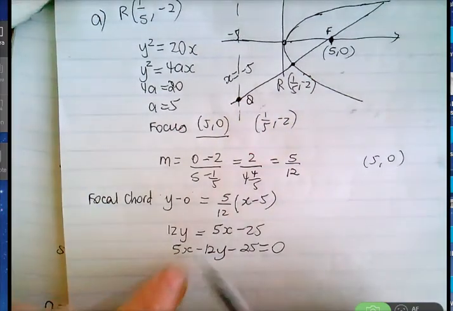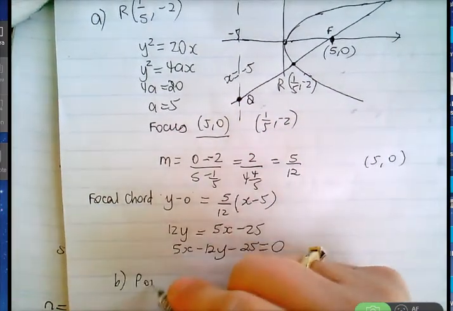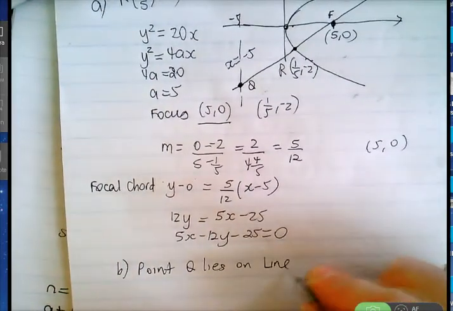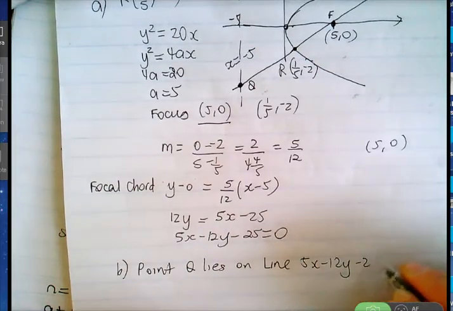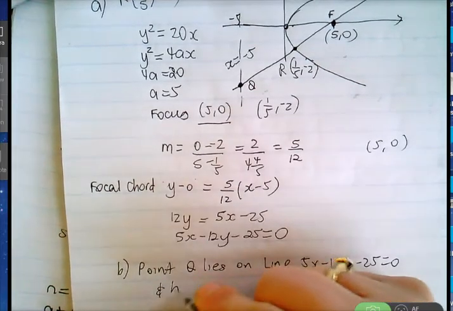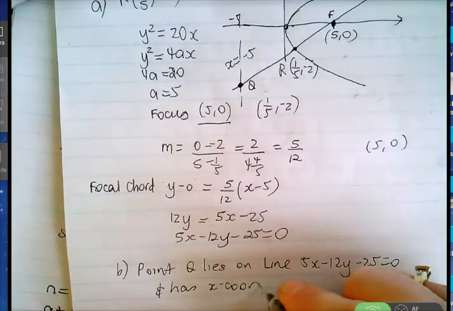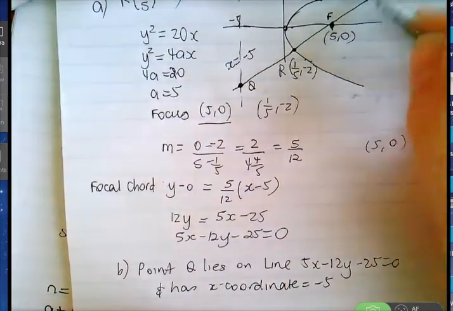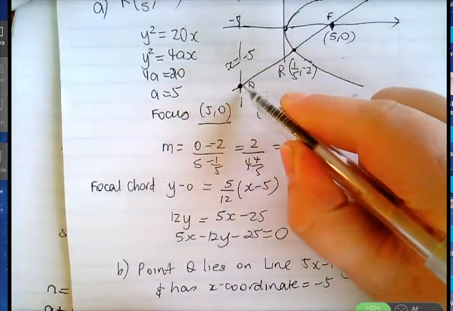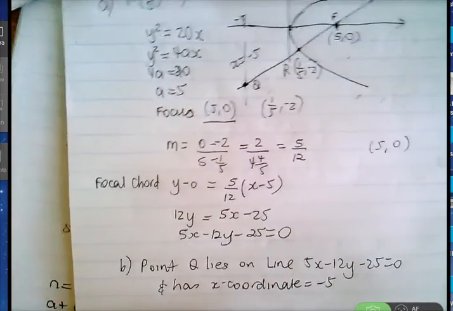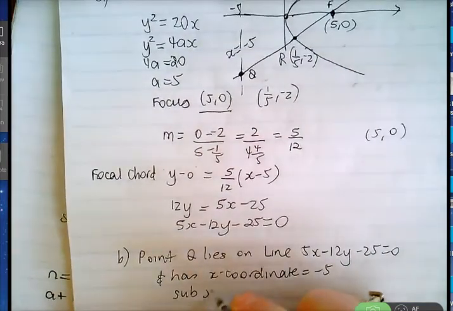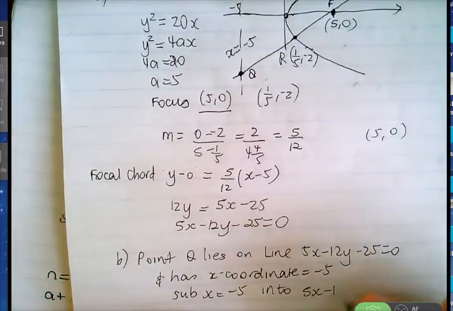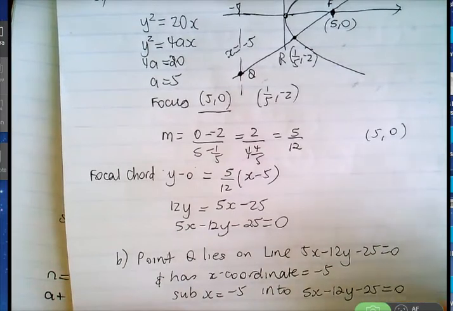This is what we've got for part B. Point Q lies on the line 5x minus 12y minus 25 equals 0 and has x coordinate -5. Do you agree? So we're going to substitute x equals -5 into the equation of the line. Does this make sense? Because then you'll find its y value.